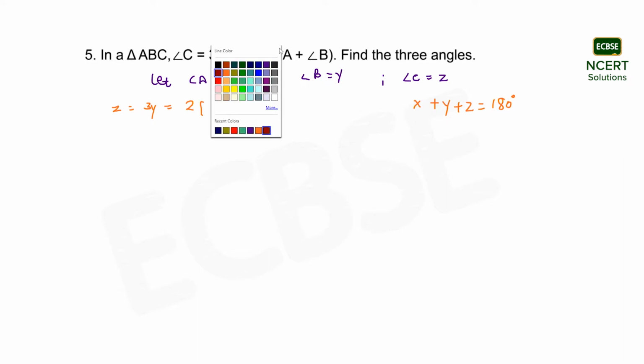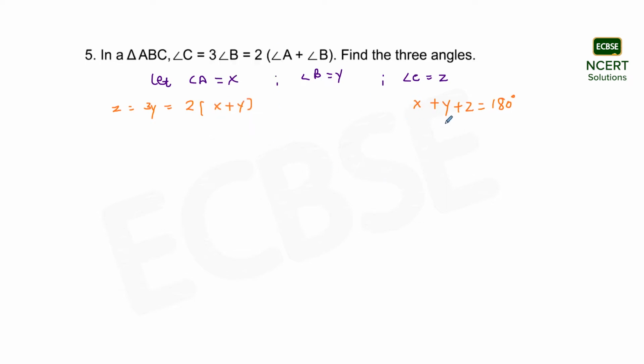If we see the condition provided in the question, we can substitute 3y in place of z, because it is given in the question itself that z is equal to 3y.